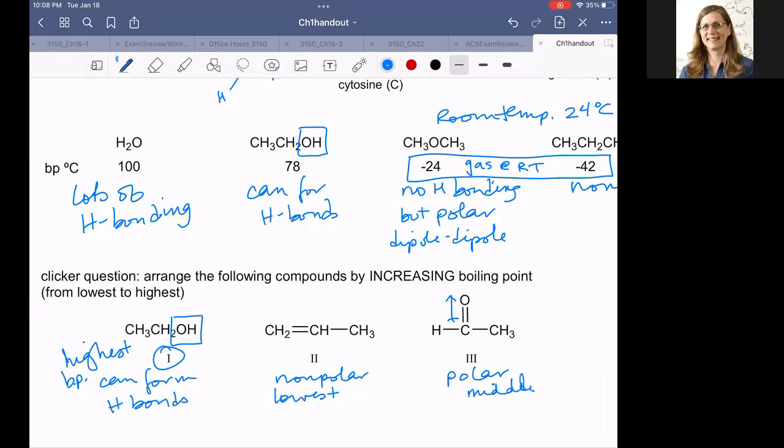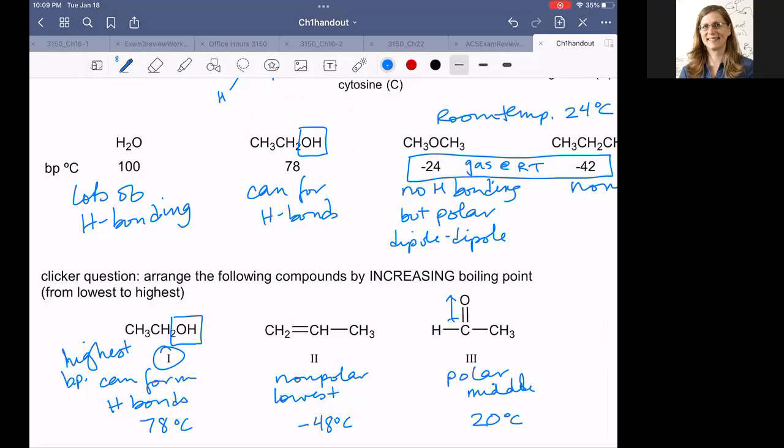If we look up their boiling points, this is the same molecule here. This is called ethanol. Ethanol has a boiling point of 78 degrees. And the one with the double bond, compound number 2, has minus 48 degrees. And the middle one boils around room temperature, somewhere around 20 degrees.